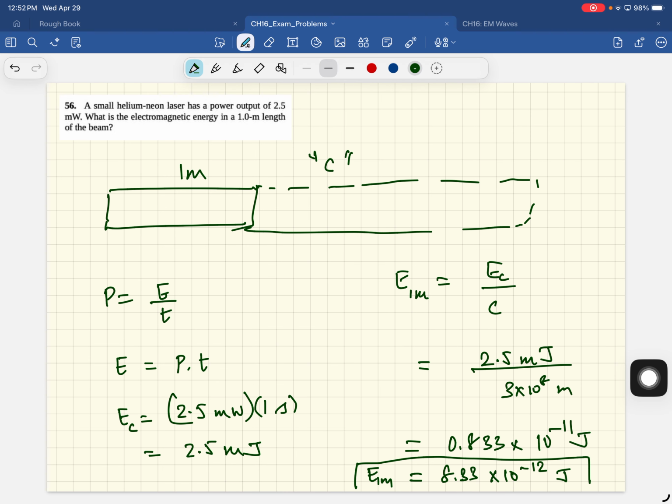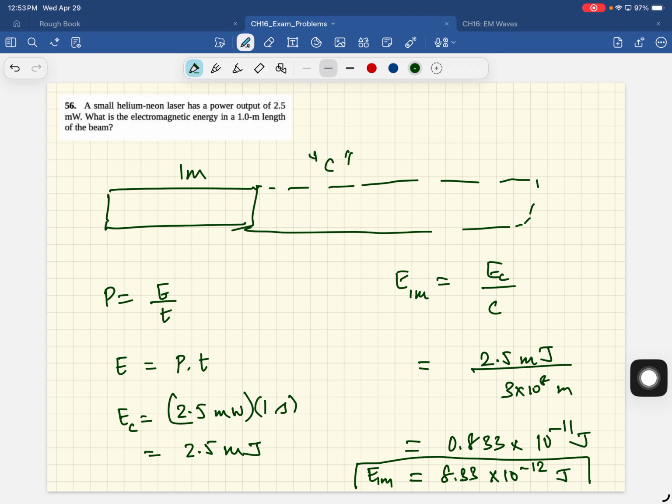Okay, so this laser that I have, oh, this is 5 milliwatts. So 1 meter of this beam will contain 16 times 10 to the minus 12 joules of energy. That's what that means.